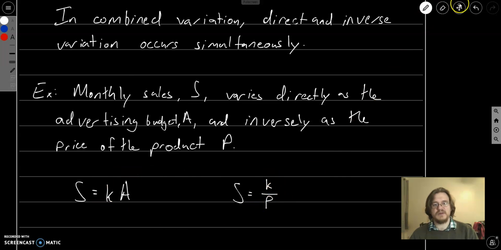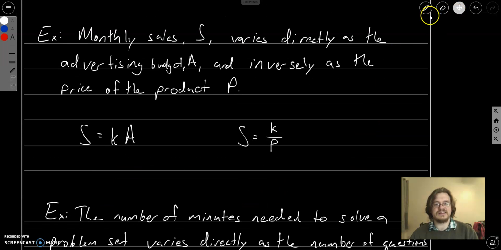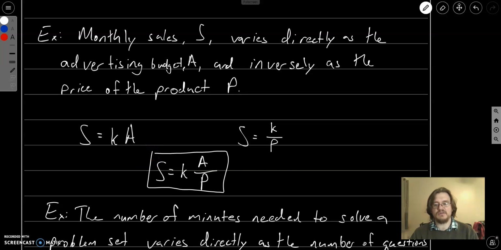So if we want to combine these together, we do so in essentially the obvious way, which is going to be, S is going to be K, A is going to be on the top of the fraction, and P is going to be on the bottom of the fraction. As A gets bigger, S gets bigger. As P gets bigger, S gets smaller. So we just combine everything into one equation right here.